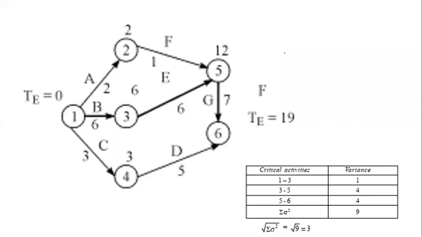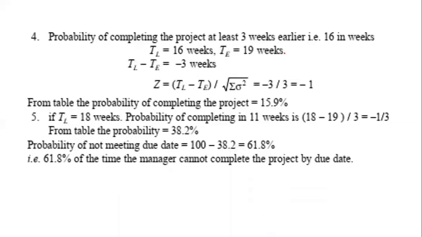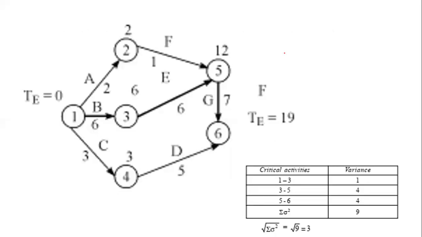So this is your path, and the critical path is 1, 3, 5, 6, and total is 19. You are having 17. Variance is 3. Sigma, critical path, critical activity. Then we have to go for probability calculations.